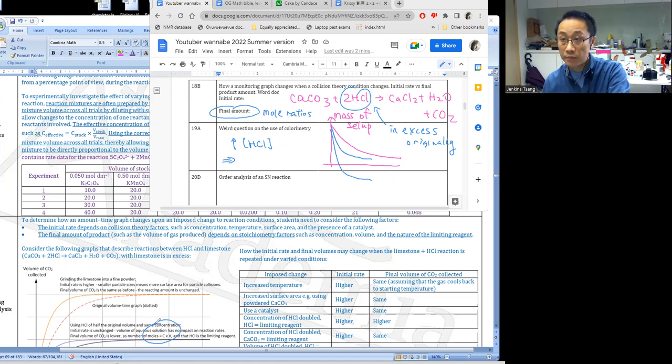Had calcium carbonate been in excess and then you use more concentrated HCl, then the rate is faster, and you should also end up losing more mass because you will be forming more CO2 due to moles. So higher rates, but the graph levels off at the same final mass, which makes choice B the correct answer.